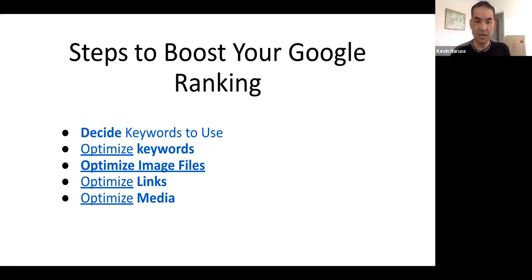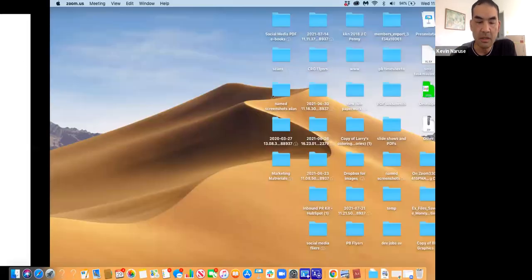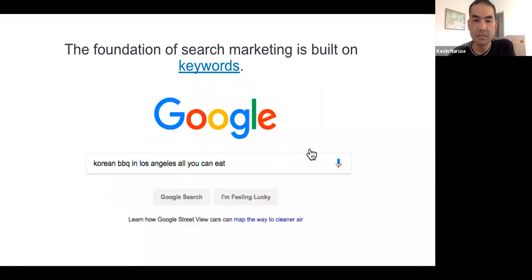And here's one way to do that. Take the example of Korean barbecue in Los Angeles, all you can eat. This is not Seattle, this is Los Angeles. There are certain parameters that you have to think about when it sends you the results. And for all intents and purposes, Google is your librarian.